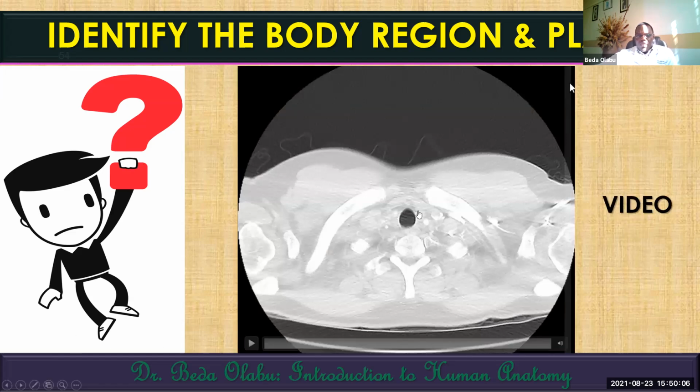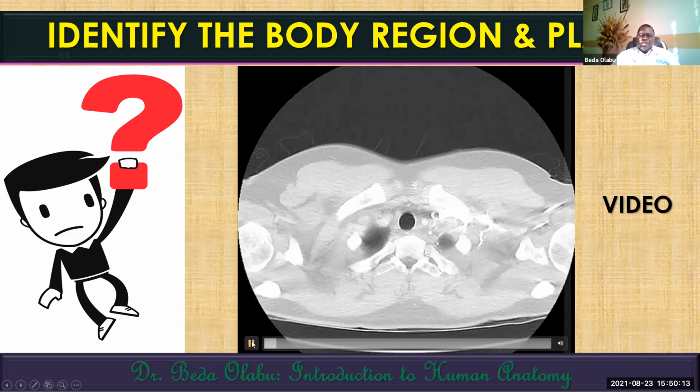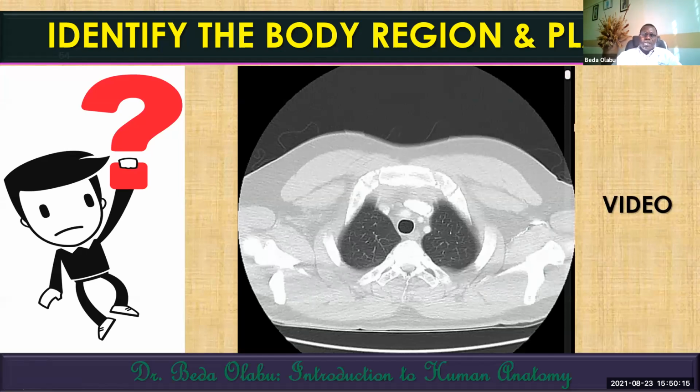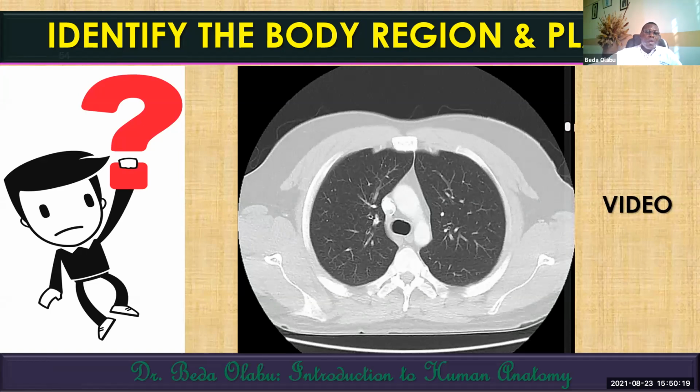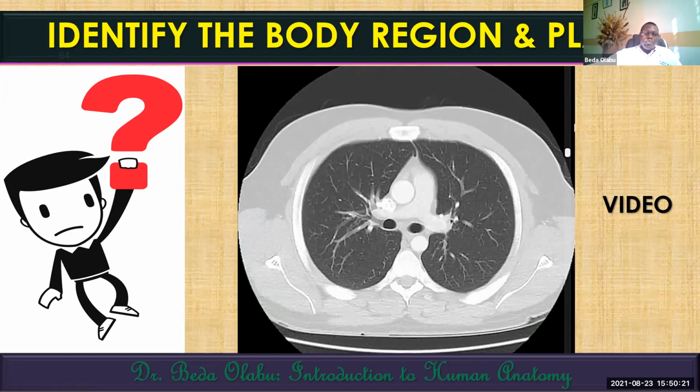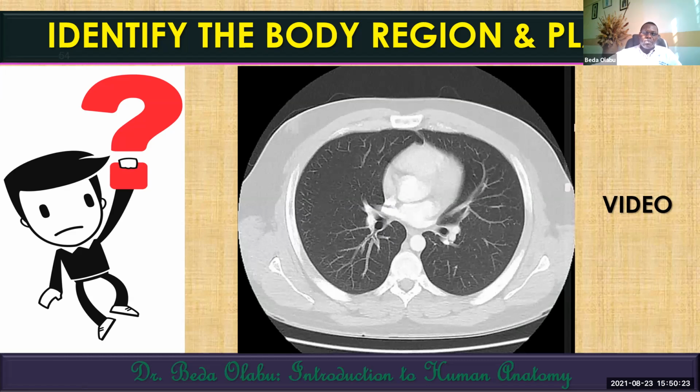Another one, I still have more videos for you. So this one is also playing right now. The agenda is to be able to identify the region and the plane of the image.